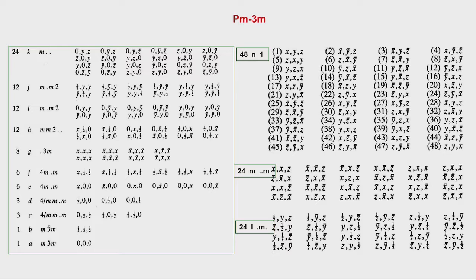If we are keeping an atom in the simple cubic lattice at a general point, then another 48 points related by symmetry, we have to keep the atoms to generate the simple cubic lattice. You understand? That is what is being shown. And there are others, when it is kept on some other symmetry elements, these are all the positions which are being given. Is it clear?